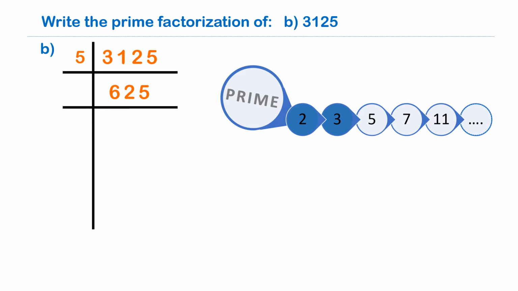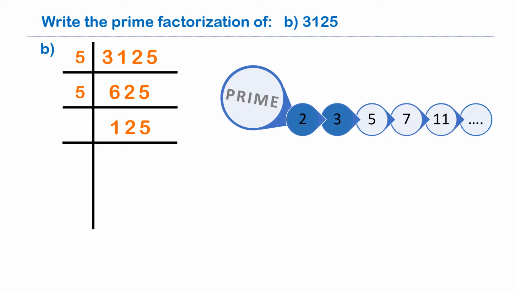Since the last digit of 625 is 5, it means again it is divisible by 5. So write 5 to the left of 625 and divide. If we divide 625 by 5, we get 125. Again, see the last digit.